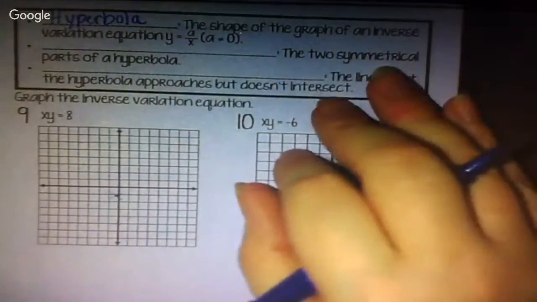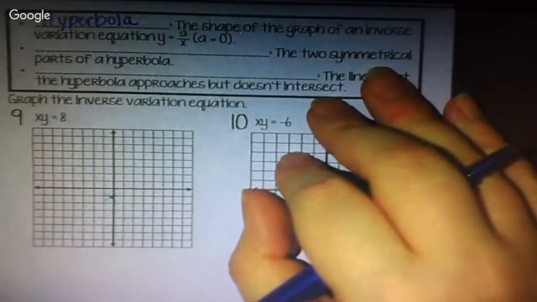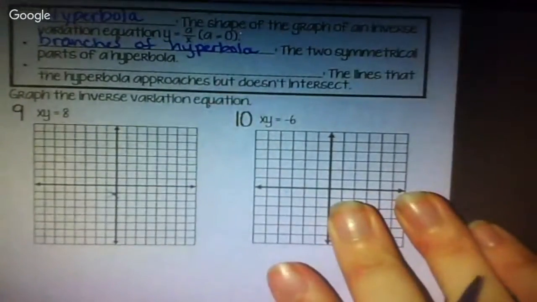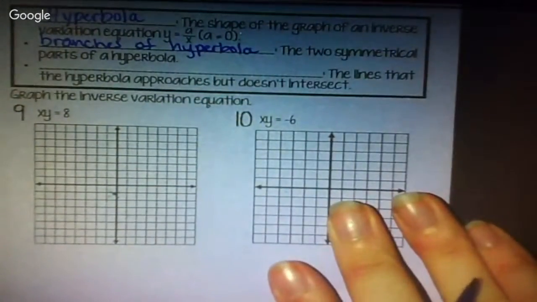Okay. Because there's two separate pieces. These are called the branches of your hyperbola. And they are two symmetrical parts. So in other words, if I fold my paper at the origin diagonally, my parts should lay on top of each other.